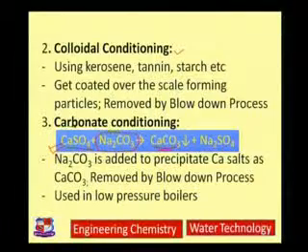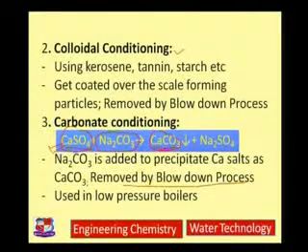CaSO4 may lead to the formation of harder scale which can't be removed even with chisel and hammer, but CaSO3 is a softer scale. So use of soda ash or Na2CO3 converts it into CaSO3 which can be removed by blow down operation. This is basically used in low pressure boilers.